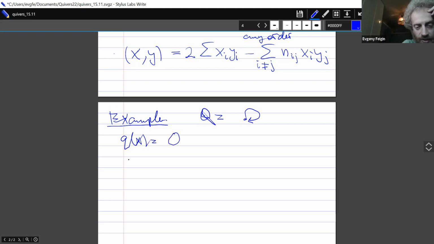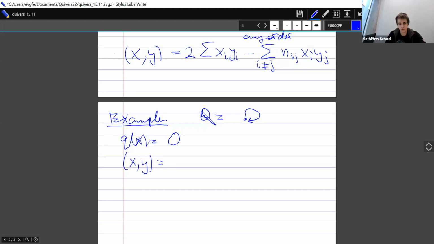And what is Q of xy? Oh, just xy. 0 as well. Yeah, so it doesn't make a problem here. Well, it's 0, but it is something reasonable. So we don't impose this condition, at least so far.